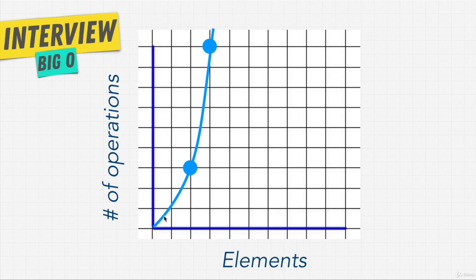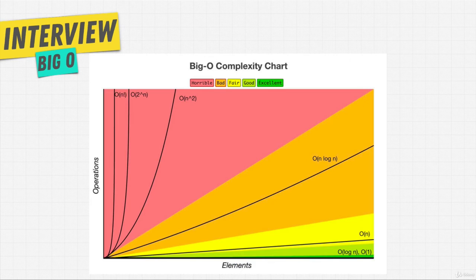And you see here how the line is now bent and it increases, well, quite fast. If we go back to our big O notation, or big O graph, we see that O of n squared, well, it's horrible, as in it's pretty slow. As the number of elements increases, the number of operations increases significantly.